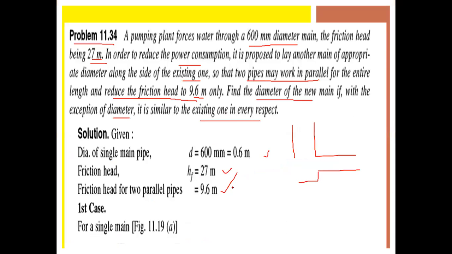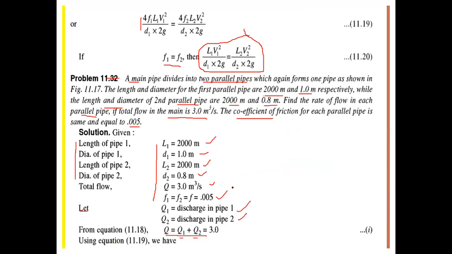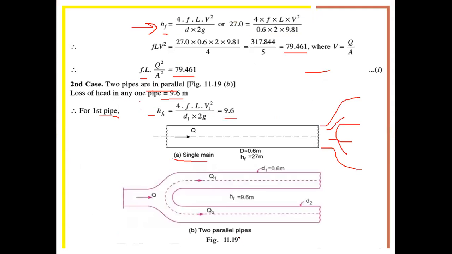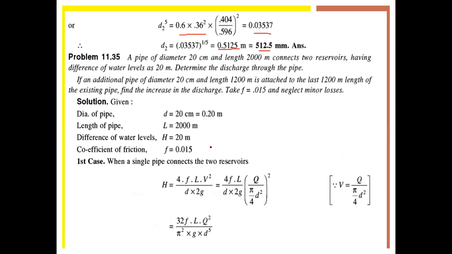What is the simple thing here? We have to see Q is equal to Q1 plus Q2, right? This is also the earlier problem we solved by taking this pipe diameter. Now we are discussing the next problems under parallel pipe connections.